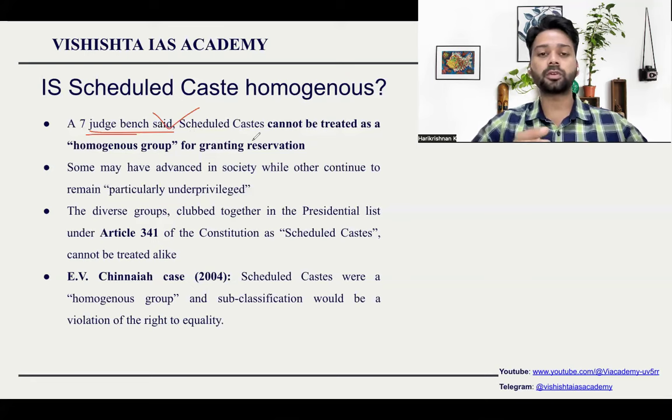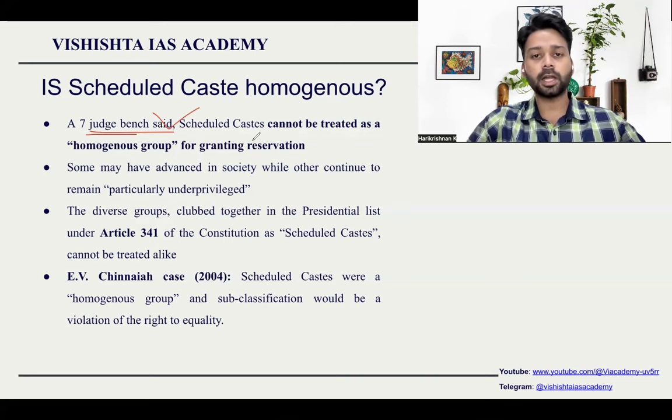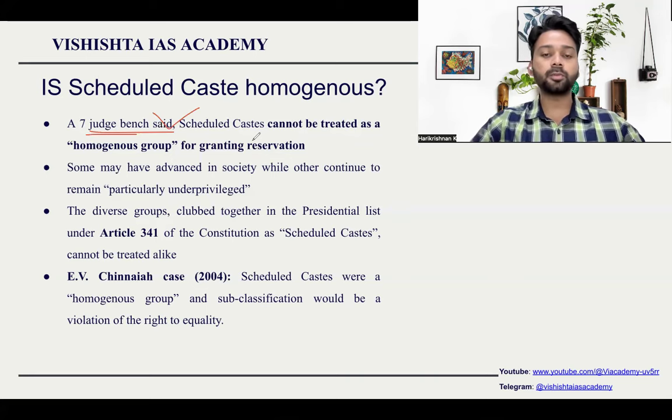Subcategorization means, for example, if 15 percent reservation is given to scheduled caste, then within scheduled caste, identify those castes which are extremely discriminated and provide certain reservation for them. The case is sub judice, it is going on in the Supreme Court, but on a daily basis, whenever the hearing is happening, the Supreme Court has been giving some very good observations which you need to know from your examination point of view.